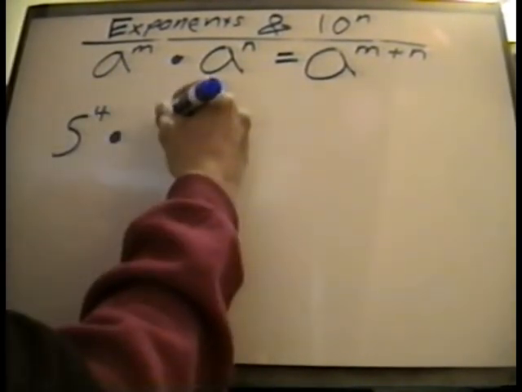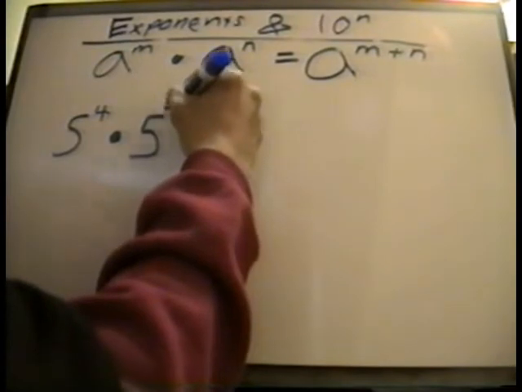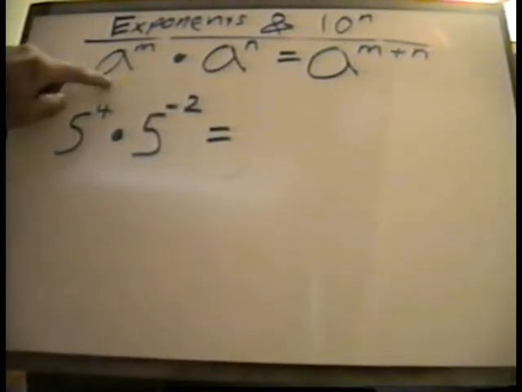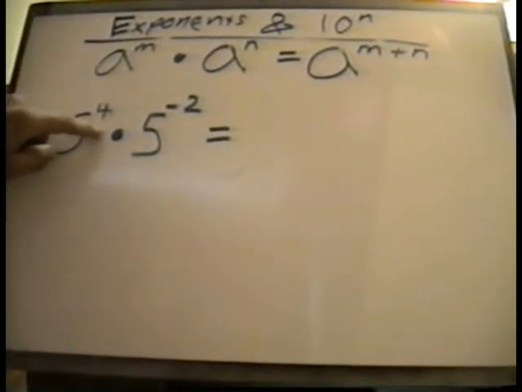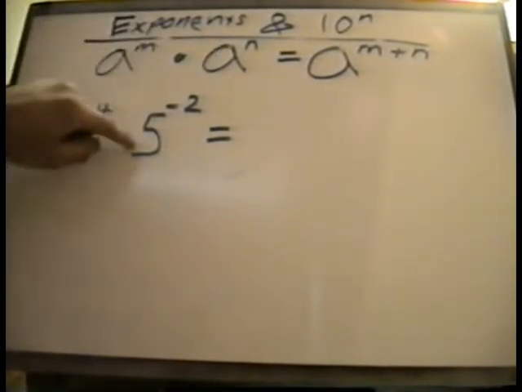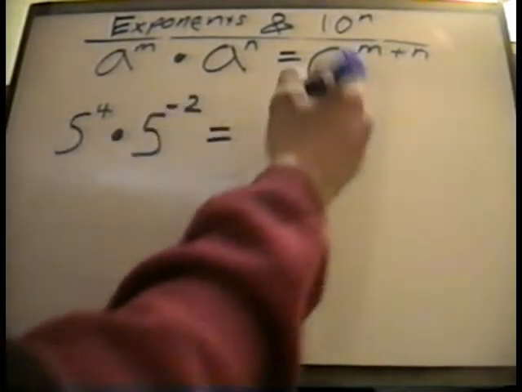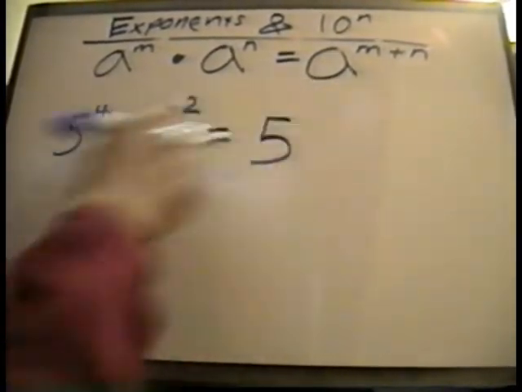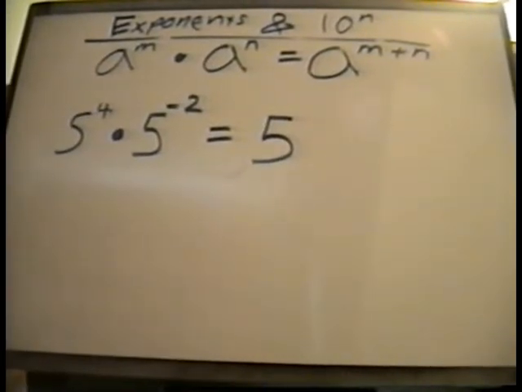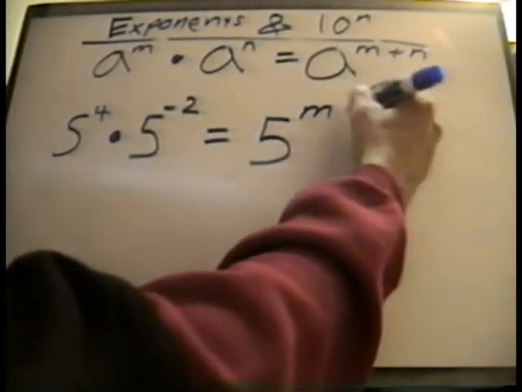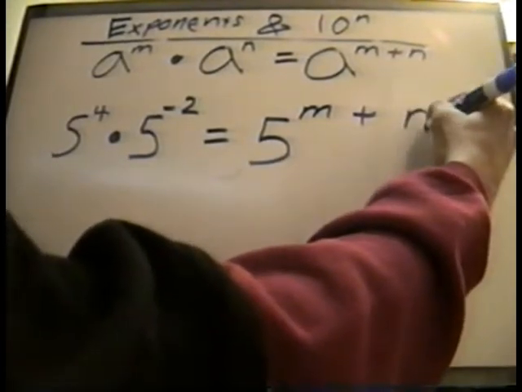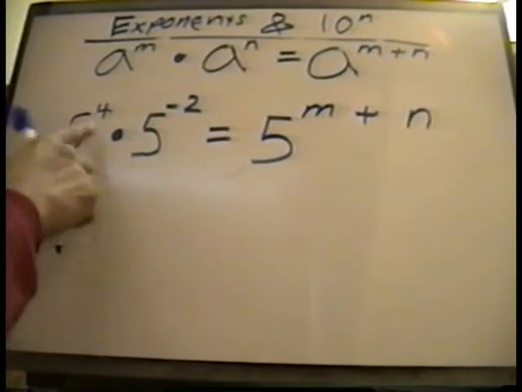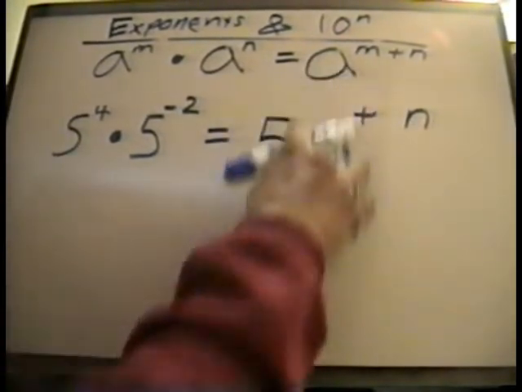So here, a to the power of m, that's 5 to the power of 4. A to the power of n is 5 to the power of negative 2. So we bring down our form, write our 5 here just like you have a there. And now we're going to put in our m plus n. Substitute our value for m, which is 4, then we substitute our value for n, which is a negative 2.